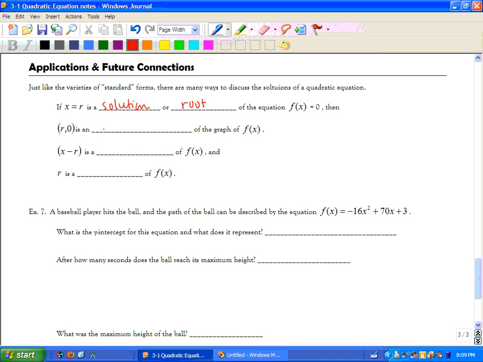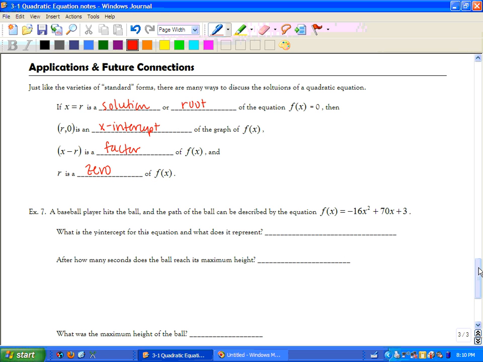Then r comma 0 would be an x-intercept of that equation. Or you could write it as x minus r, which would be a factor of your original equation. Or another thing you can say is that r is a 0 of f of x. So when you set the original equation equal to 0, it will be r.